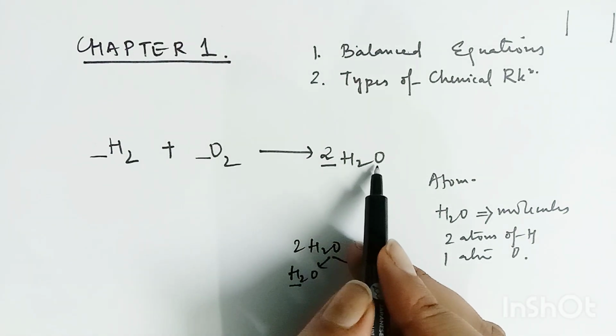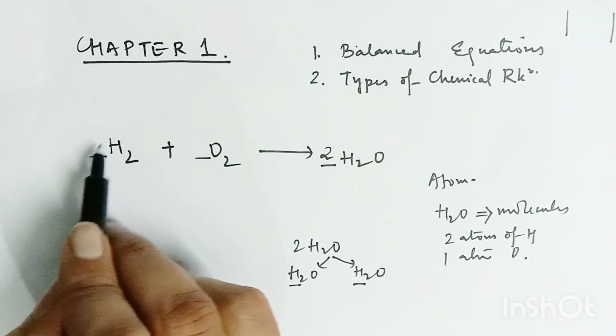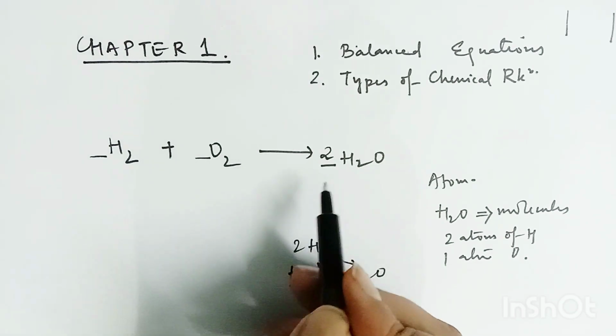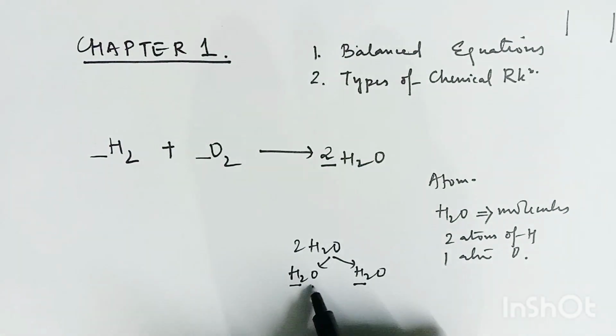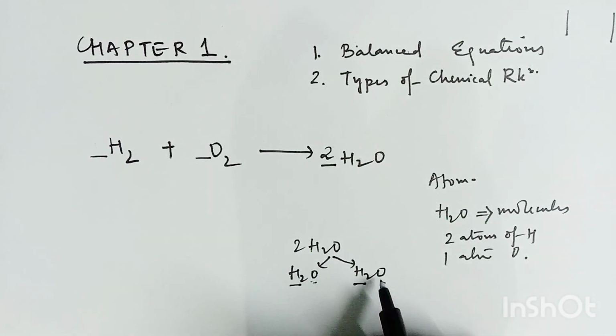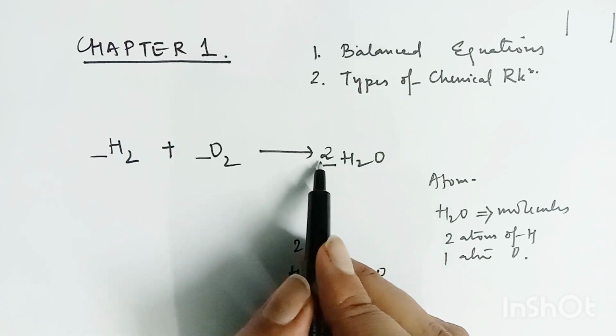But on this side there are 2 atoms of hydrogen, so we need to balance hydrogen also. But before that, let's see oxygen. Here 2 atoms, and here also 2 atoms of oxygen, so oxygen is balanced. But now what to do with hydrogen?